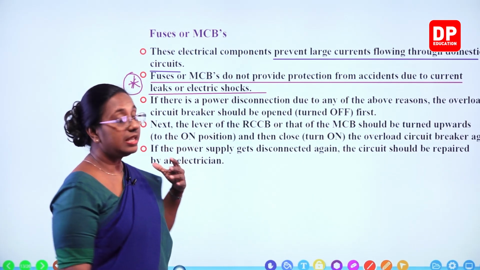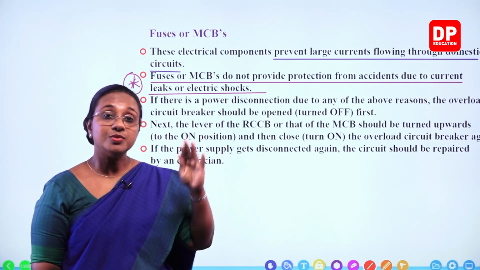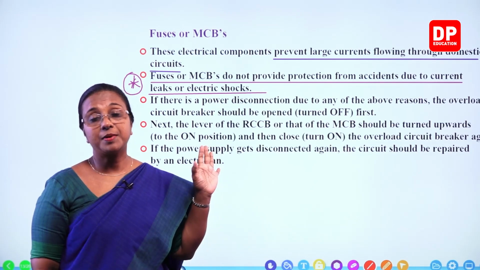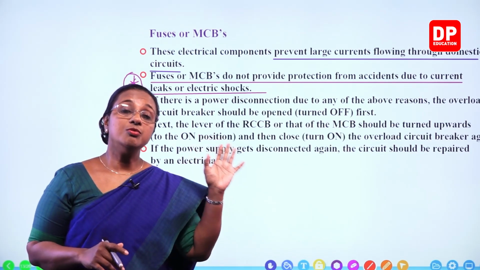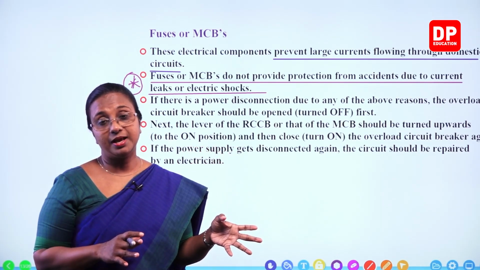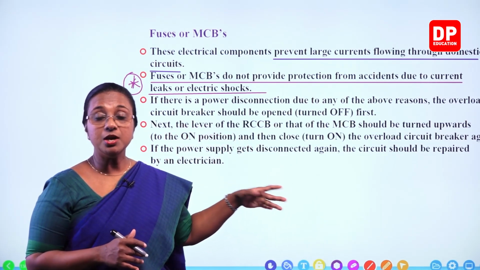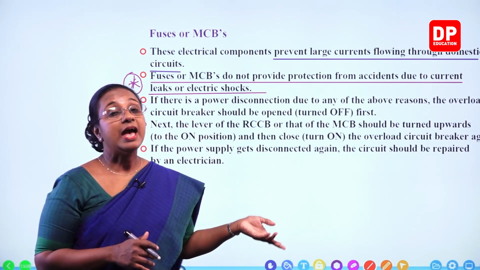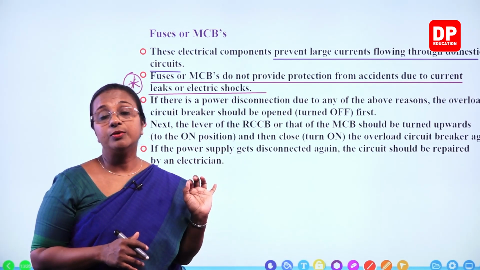So let's say the trip switch or the MCB cuts off the power supply. What you need to do is first turn off the overload circuit breaker. Then you turn on the MCB or the trip switch, and then only you turn on the overload circuit breaker again.